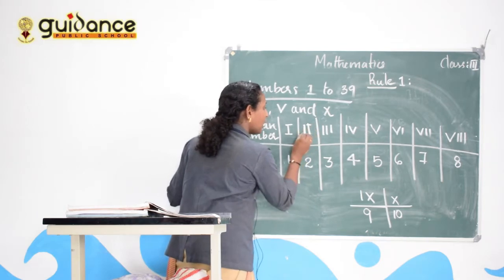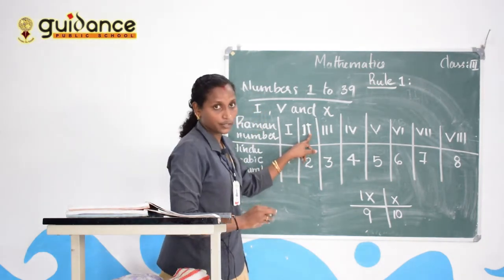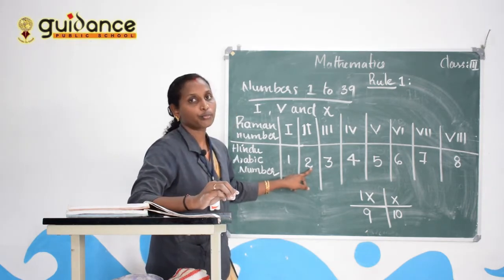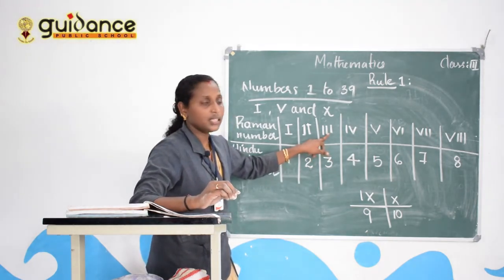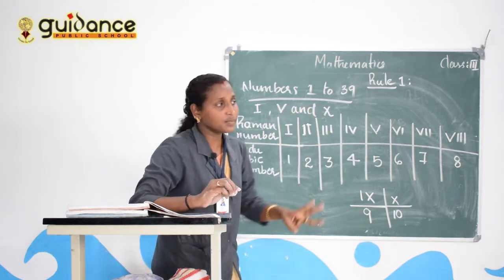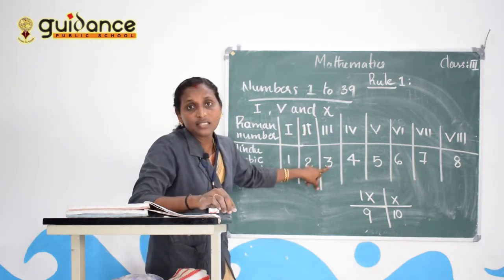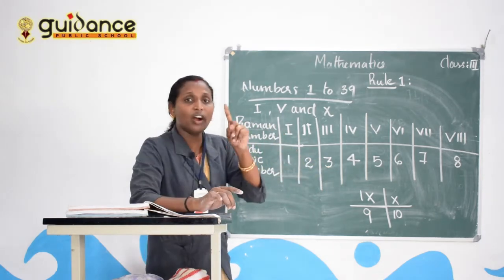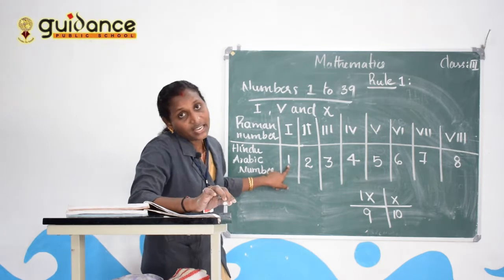I is repeated how many times? 2 times. Okay, that means the number 2. Then this I is repeated how many times? 3 times. At that time the value comes 3. Look, this is only one I, that means the value is 1.